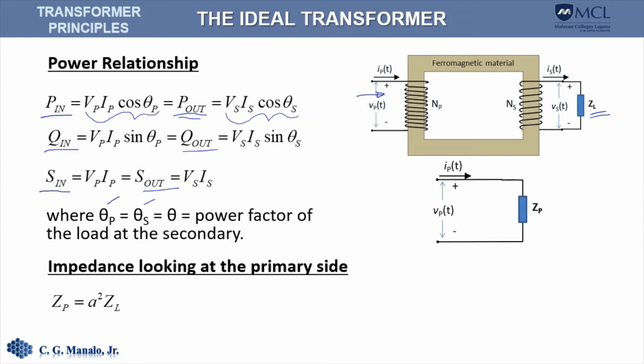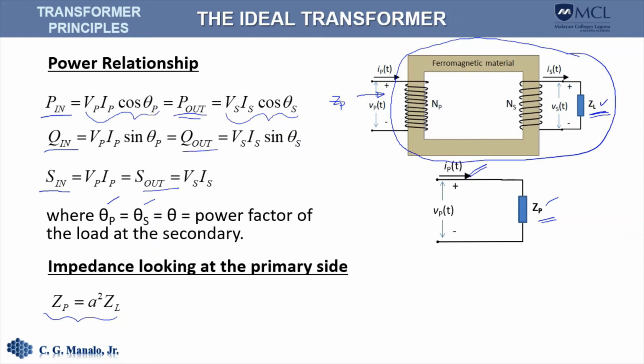So let's say that this impedance looks like a Z sub P on the primary side. That means I can replace this whole thing by this and still get the same primary current. And the relationship between Z sub L and Z sub P is actually given by this.